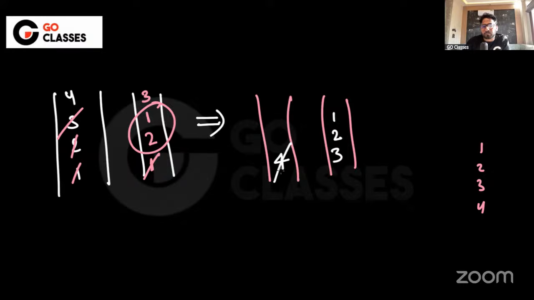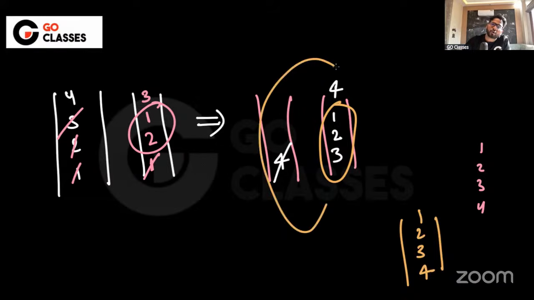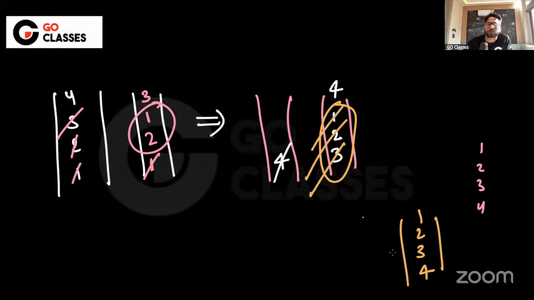Now you can pop 4 from here to here and consider this whole thing as one box, which means you can easily pop this and push it. The whole box means this is 3 to 1 as it is. Sorry, 4 will be here at the last, and then this is 3 to 1 as it is. You can push the whole box and then pop and push, which means first you need to do it for 3, then 2, and then 1. So I'm just telling you as a whole box.